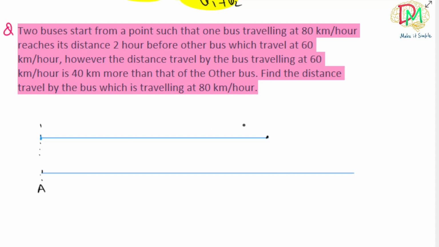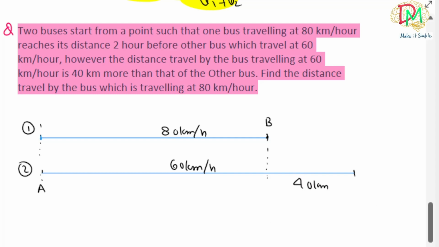So the first reaches the B position at a speed of 80 km per hour, and the second has a speed of 60 km per hour, and it travels 40 km more.